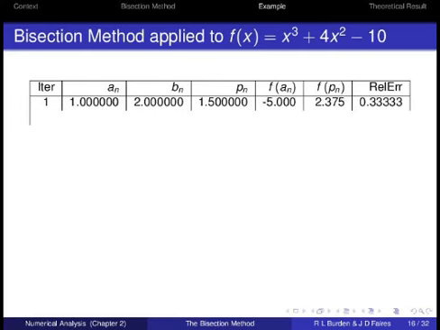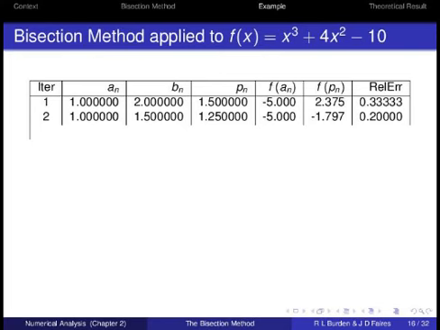The first iteration is this one, which we have determined before. The next step is the second iteration, where a is 1 and b is replaced by 1.5 instead of 2, and p is 1.25, with f values -5 and -1.7969. The relative error is (pn minus p(n-1)) divided by pn, which should be less than the tolerance.